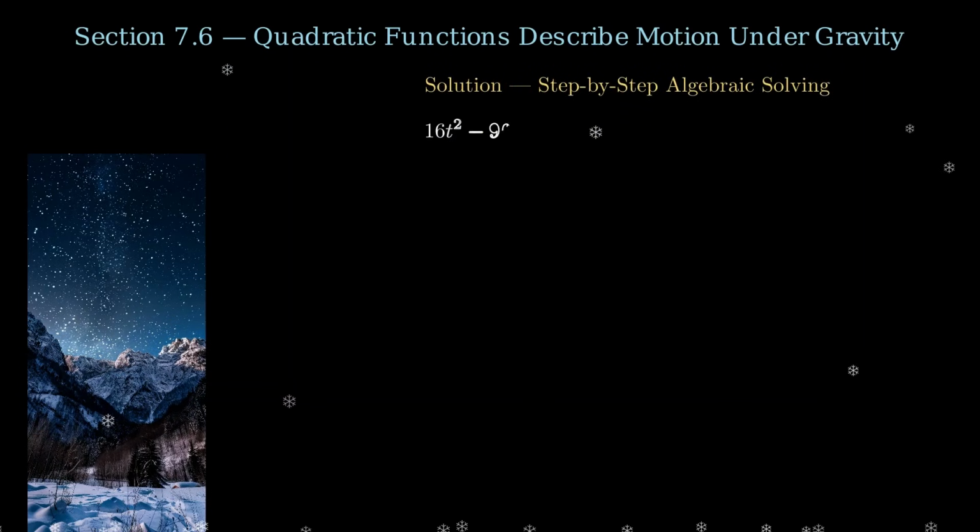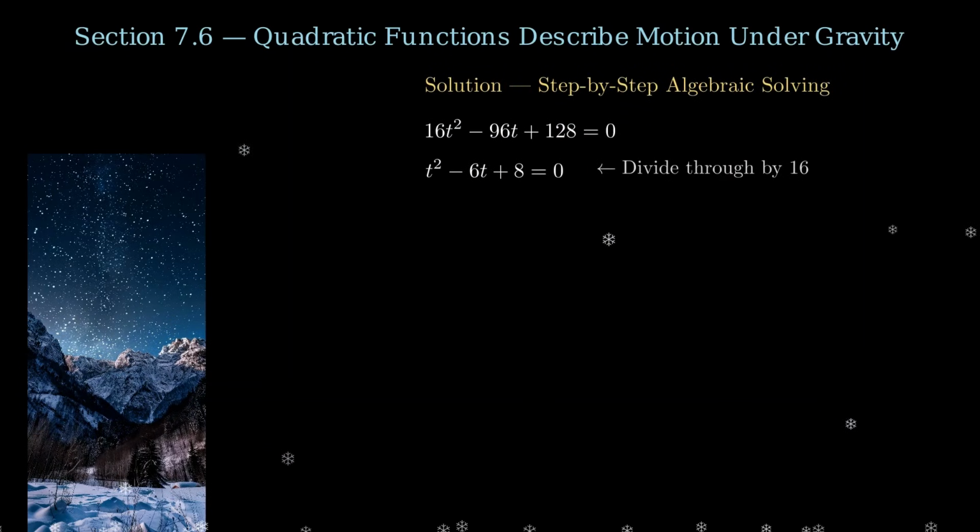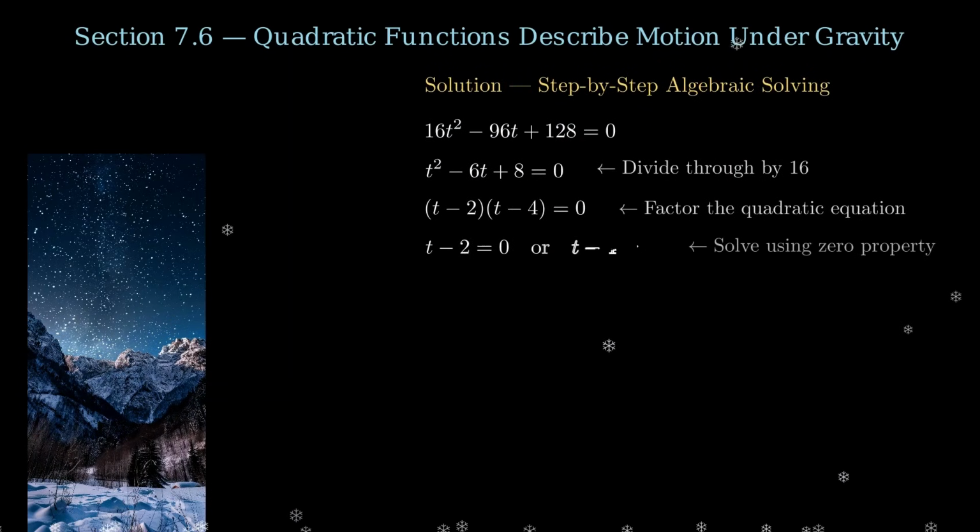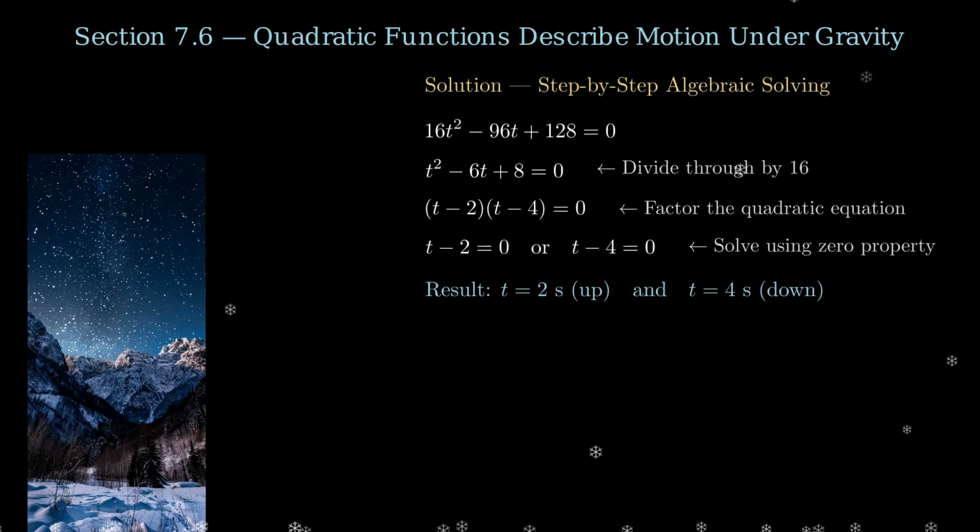To solve this, we first rewrite the equation in standard form, giving 16t squared minus 96t plus 128 equals 0. Next, we divide through by 16 to simplify the equation, which yields t squared minus 6t plus 8 equals 0.